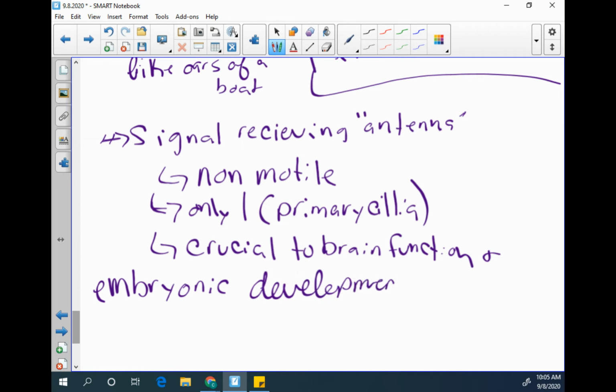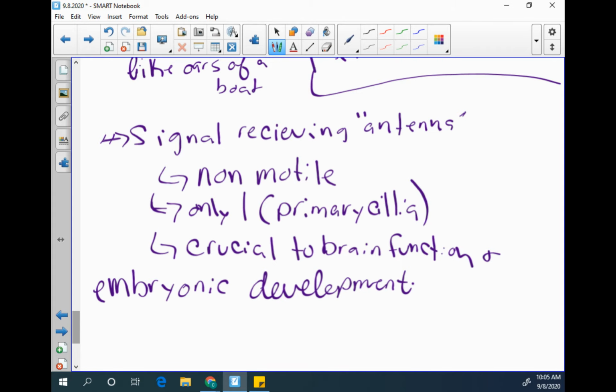I took an entire course over development. Specifically, I think we studied worms, flies, and people. A lot of development is based off of signals that are received from one cell to another, and a lot of concentration gradients. So these are really, really important for embryonic development, making sure that cells wind up specializing the right way.